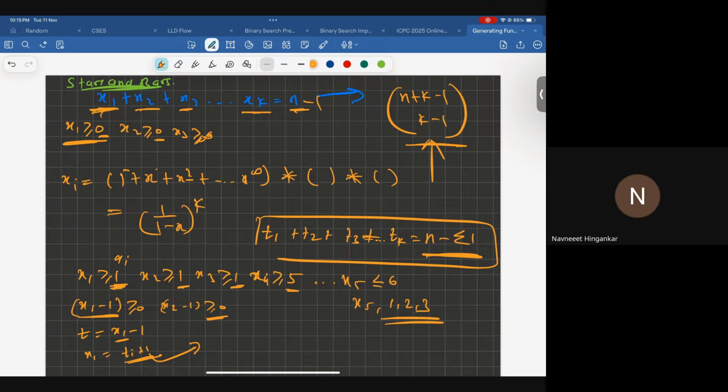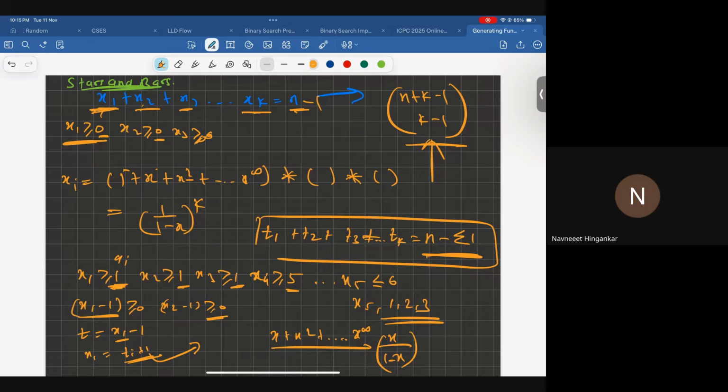This is the place where generating functions shine. Whatever the state is, you can just directly write that state. So x1 greater than or equal to 1 means just write x plus x square up to x to the power infinity. So it just means x times 1 upon (1 minus x).